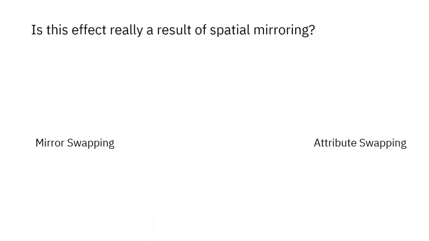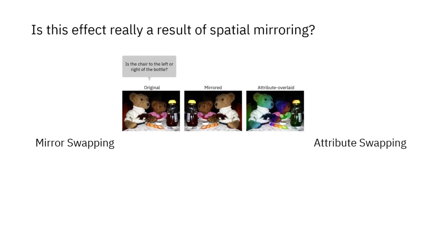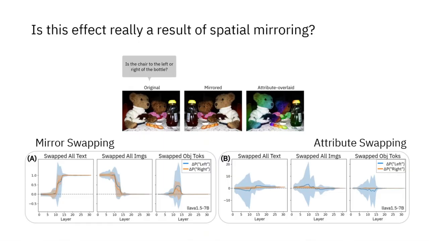We also share some controls for the experiment. First, we want to check if the effect is really a result of spatial mirroring. So we conduct the same swapping intervention, but instead of mirroring the image, change the colors in them. We see that this type of intervention yields mostly noise, and not the clean binary belief swapping behavior observed from mirror swapping.